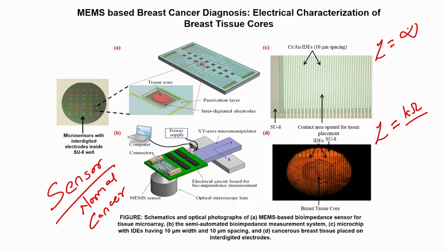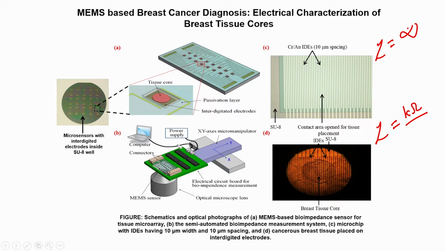So, the impedance change of the normal tissues and the cancerous tissues can be measured with the help of interdigitated electrodes, right. What is impedance? Impedance is an electrical parameter. So, we are measuring the electrical characterization of breast tissues with the help of interdigital electrodes.